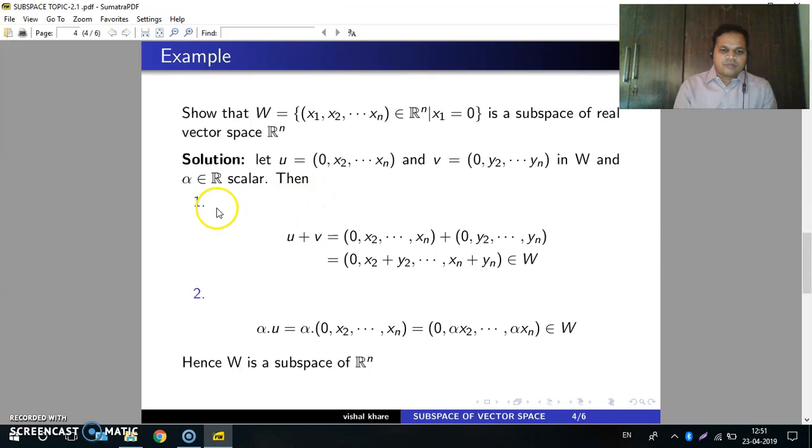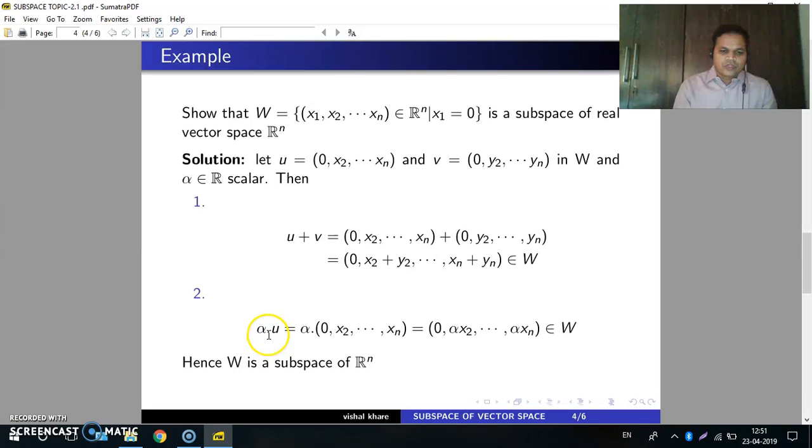Then we'll check condition number 1. u plus v is equal to (0, x2, and so on, xn) plus (0, y2, and so on, yn), which is equal to (0, x2 plus y2, and so on, xn plus yn), since the first coordinate is added to the first coordinate, the second to the second, and the nth to the nth. This belongs to W because the first coordinate of this element is also equal to 0. This means u plus v belongs to W.